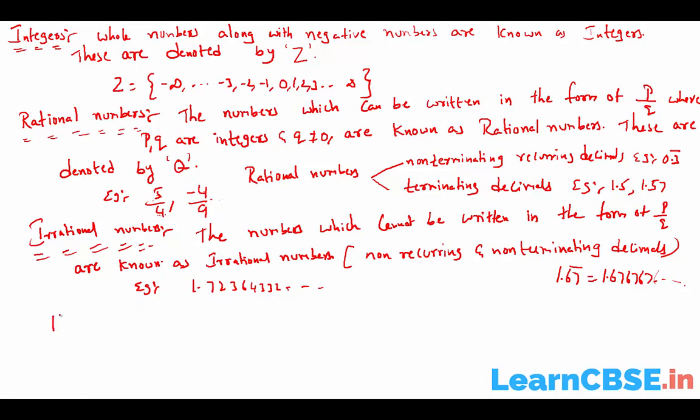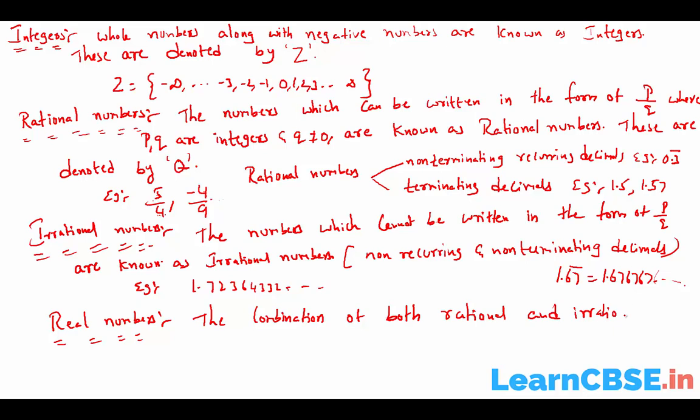Then we come to the concept of real numbers. The combination of both rational and irrational numbers are called real numbers.